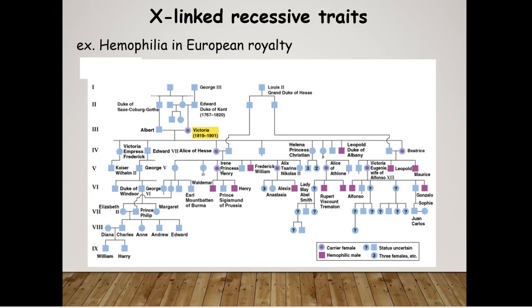And so you can see these males came from this one, Irene Princess here, from the carrier female. So she only has one copy of the hemophilia gene, and the other one is fine. So those would be just carriers. So you can see this is kind of a real example of an X-linked recessive trait.